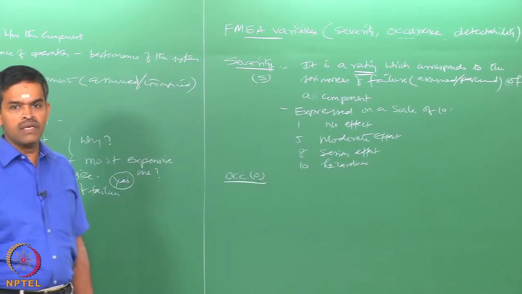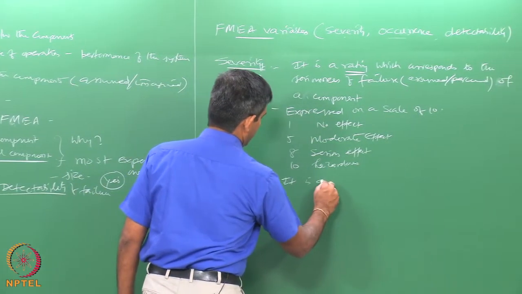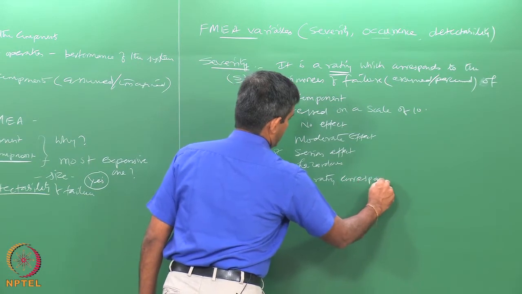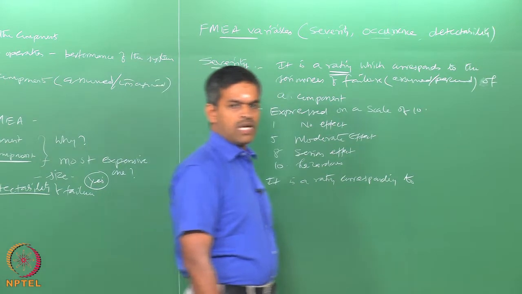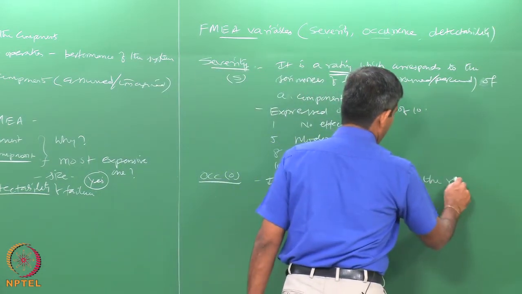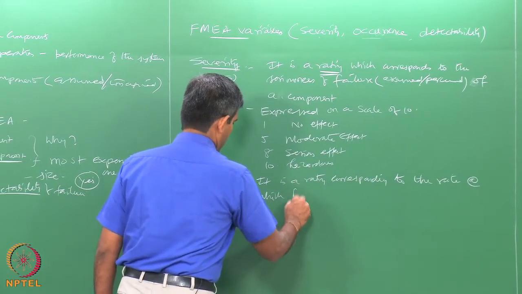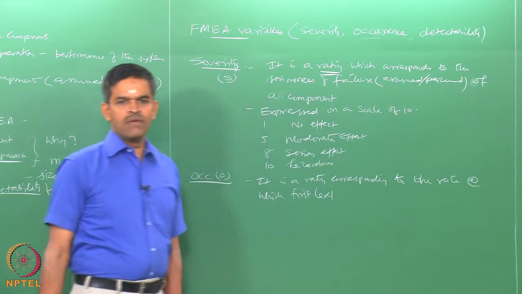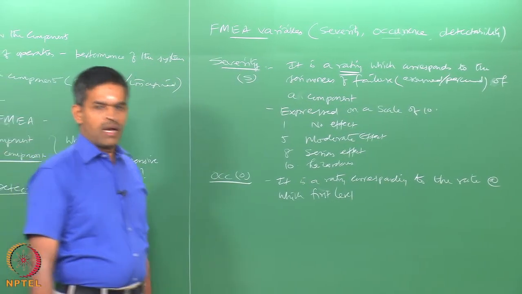Occurrence actually is a rating corresponding to the rate at which the first level cause and its failure mode will occur.